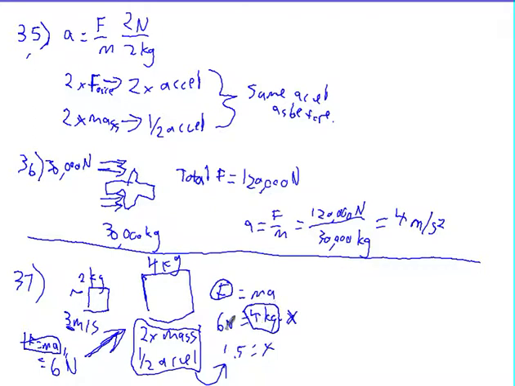Divide 6 by 4 to get x, that's what you have, 1.5. Or, you can say, well, the mass has been doubled, and mass and acceleration are inversely proportional, that means when you double the mass, you cut the acceleration in half. So, half of the previous acceleration is 1.5.